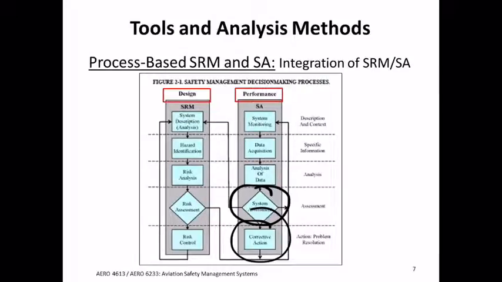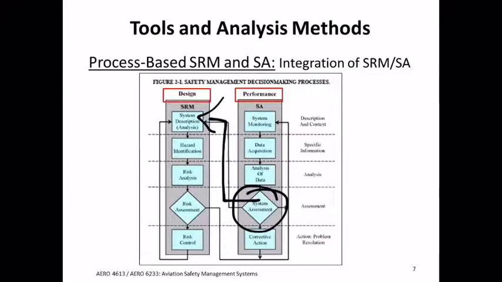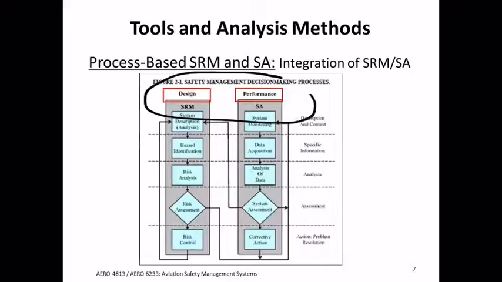That corrective action is taken in the SA component, and then the system continues to be monitored. If, however, during system monitoring in the SA component, new hazards are identified, then they go to the beginning of the SRM component and start the process all over again. That is a summary and an example of how the SRM and SA components work interdependently with each other.